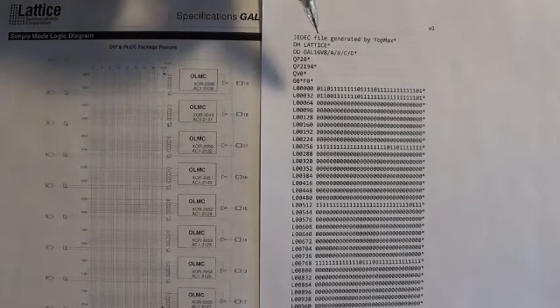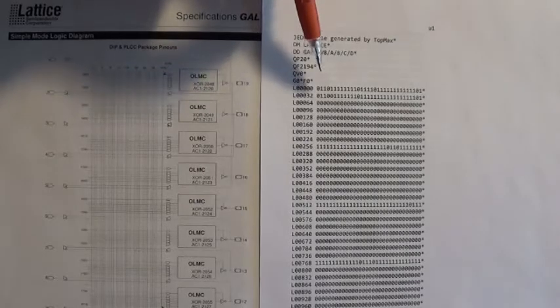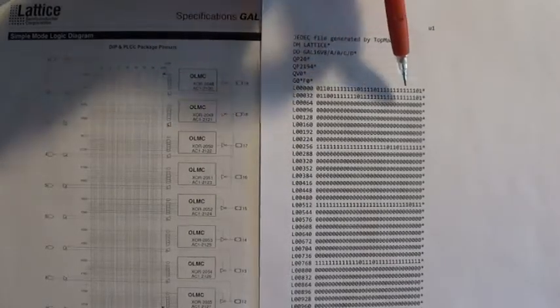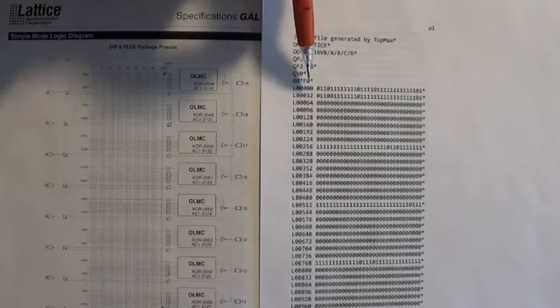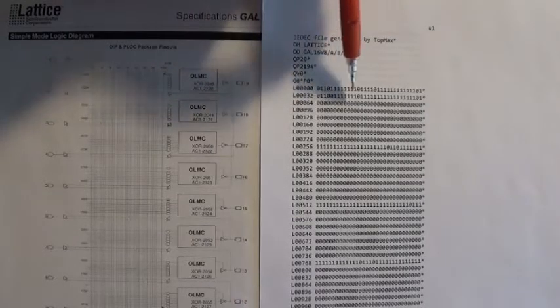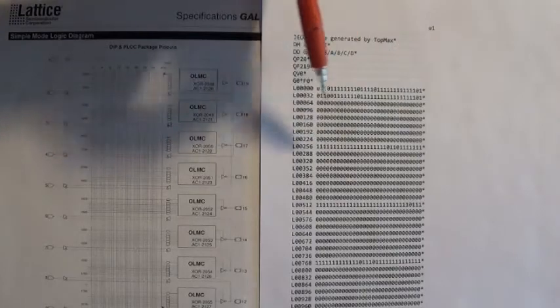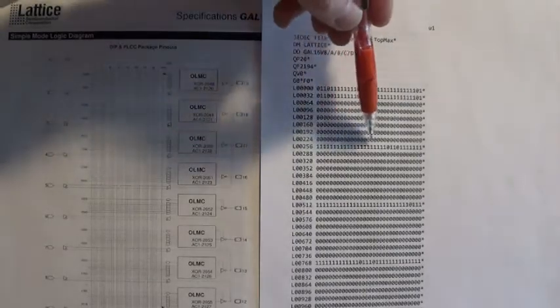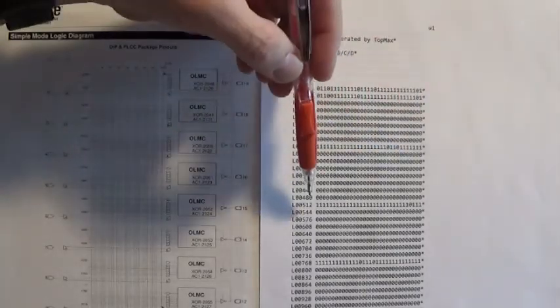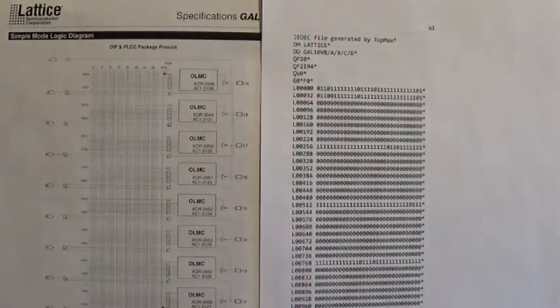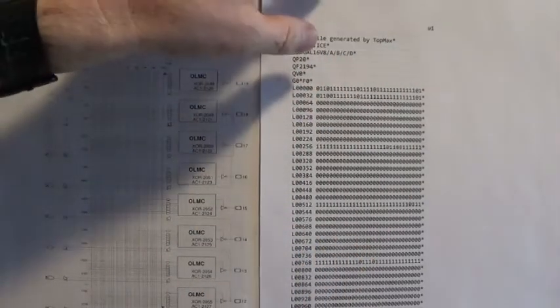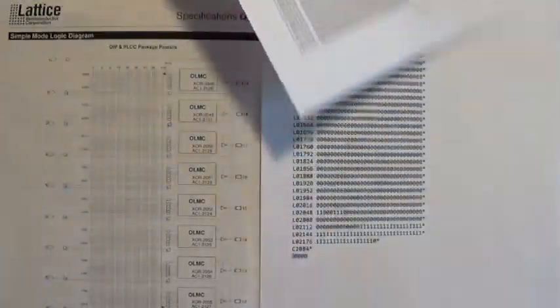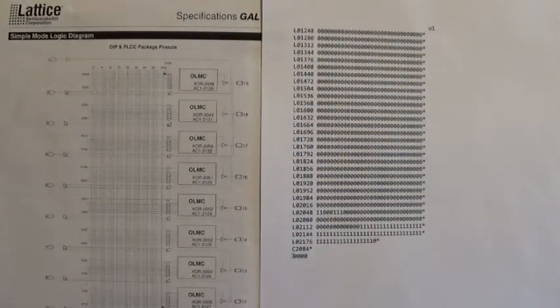On the JEDEC file itself, we have a row of ones and zeros, a second row of ones and zeros here, and then down here more ones and zeros, and on down throughout the JEDEC file. Now, this JEDEC file has 2 pages. There's the second page right there.